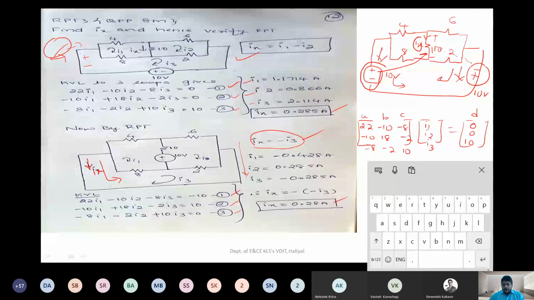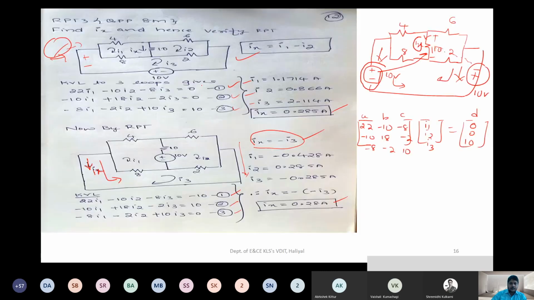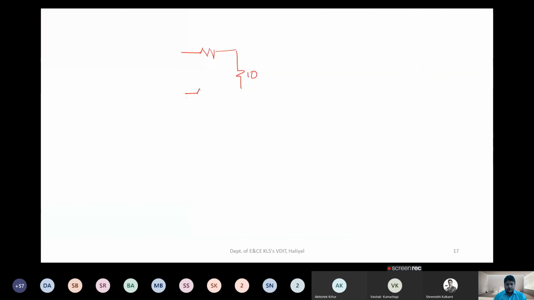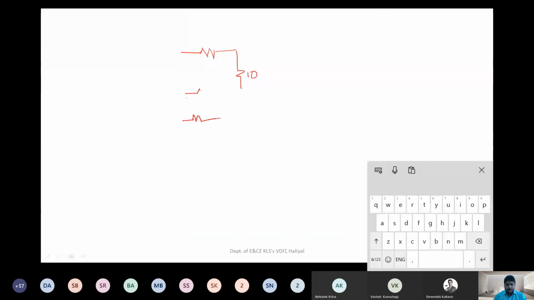Okay, I want you people to try the other methodology also. Here we had a resistor, and here that 10 ohm is there. Here, is there any resistor? No. Okay, here also we have a resistor. So if I use minus and plus, where should I assume the current?